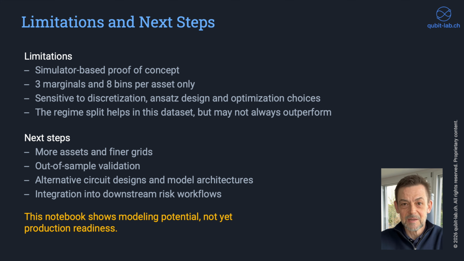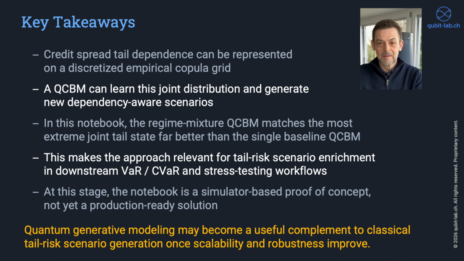With that caveat in mind, here are the main takeaways. Credit spread tail dependence can be represented on a discretized empirical copula grid. A QCBM can learn that joint distribution and generate new dependency-aware scenarios. In this notebook, the regime mixture QCBM matches the most extreme joint tail state far better than the single baseline QCBM.